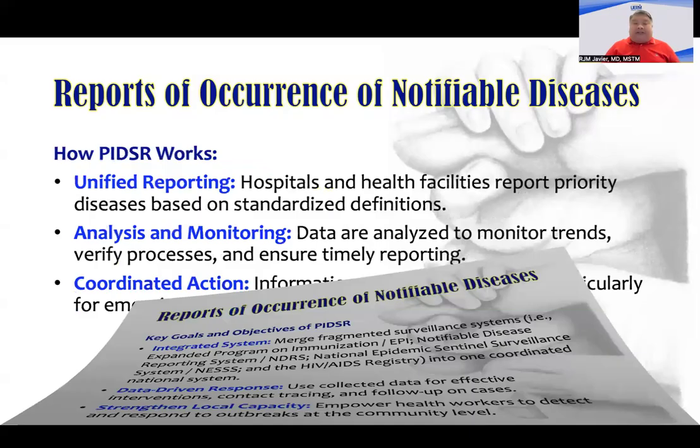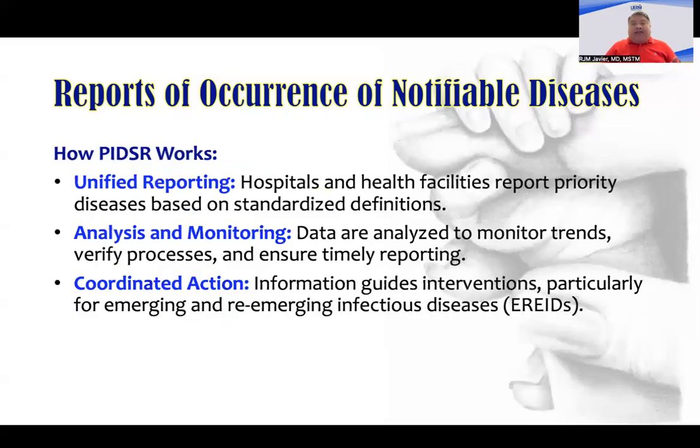Now, how does the PIDS-R work? So again, there will be unified reporting. Hospitals and health facilities will notify authorities of priority diseases based on standardized definitions. We look into analysis and monitoring, where data are analyzed to look into trends, secular trends, geographic trends, or verify processes and ensure timely reporting.